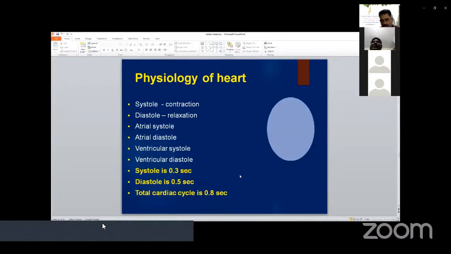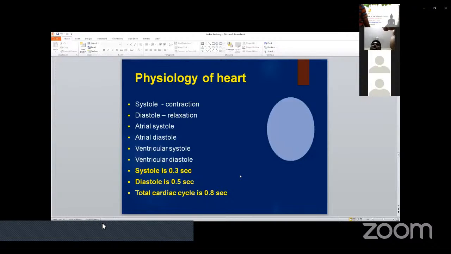So here I have to explain one by one. The first one is systole. Systole means contraction. The next one is diastole, which is relaxation. When there is relaxation, there will be more space in the blood vessel for free flow of blood.